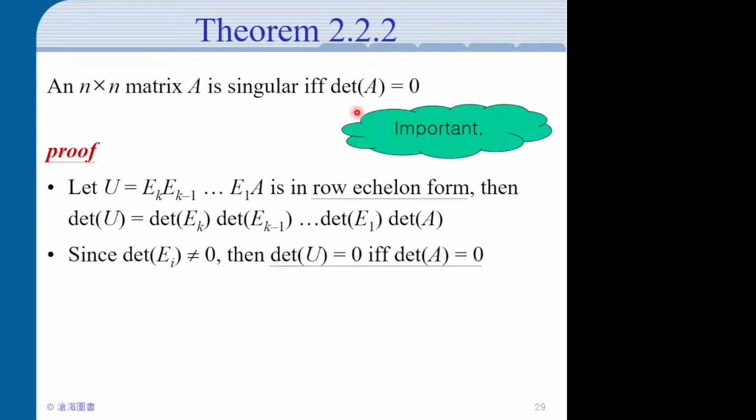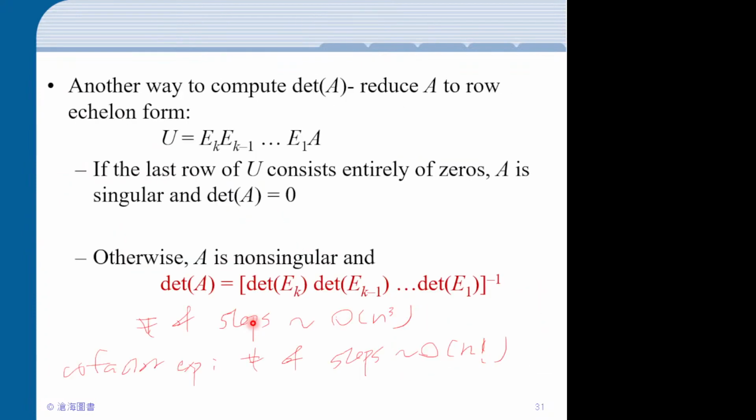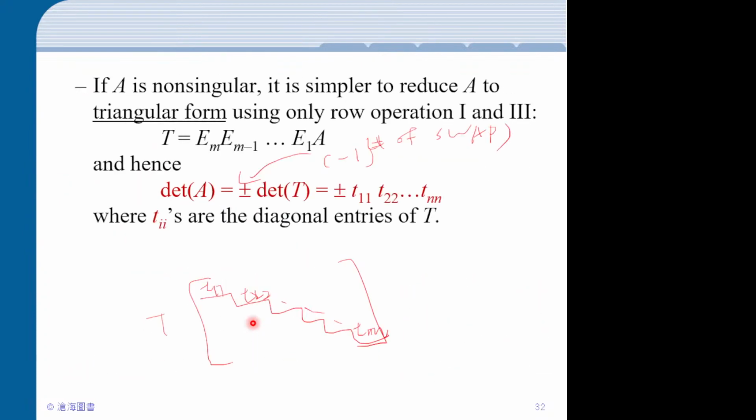Just by doing Gaussian elimination on A, you can decompose A into a whole bunch of elementary matrices E and the reduced row echelon form. Then you analyze what the reduced row echelon form is when A is either singular or non-singular.